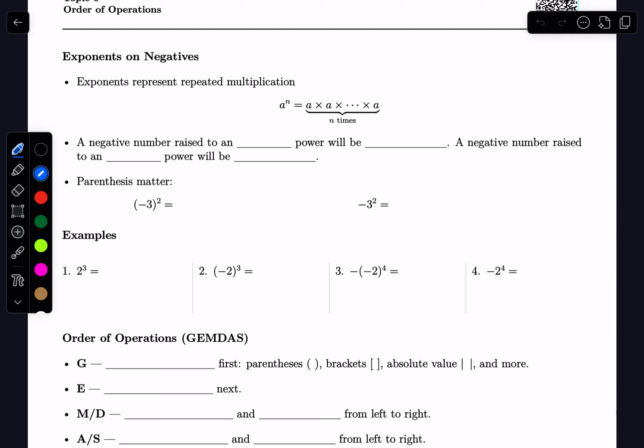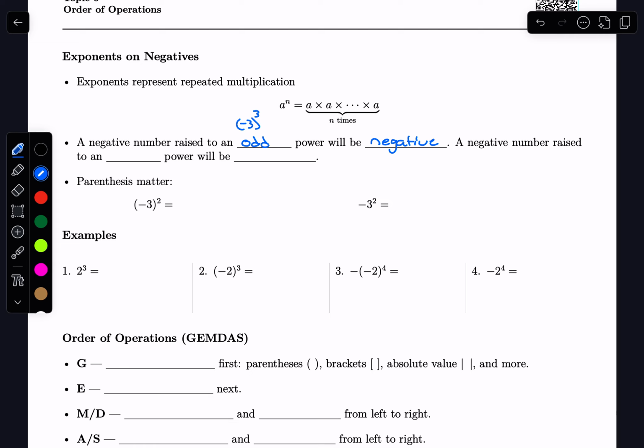A negative number raised to an odd power, such as maybe -3 to the power 3, is going to result in a negative product. Because when we multiply a negative times a negative times a negative, an odd number of times, only some of the negatives cancel out and we have one left over.